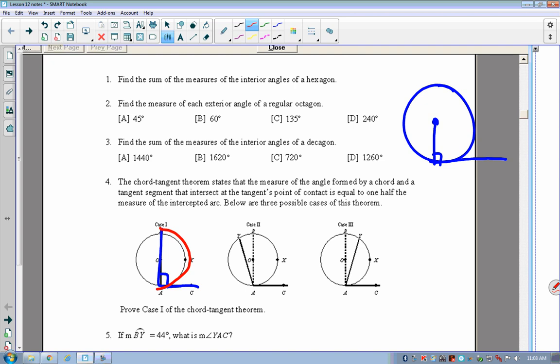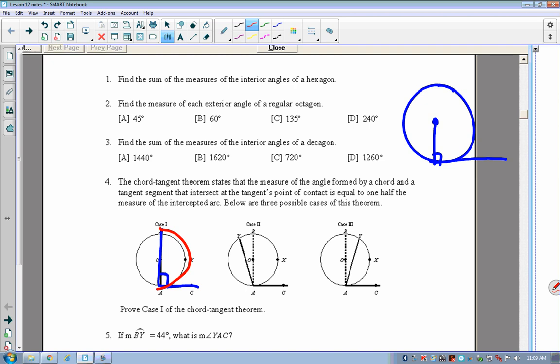So arc BXA, intercepted by the diameter AB, measures 180, therefore the measure of angle BAC is 1/2 of arc BXA. What we're saying is that the angle formed by my chord is always going to be 1/2 of the degree of the intercepted arc.